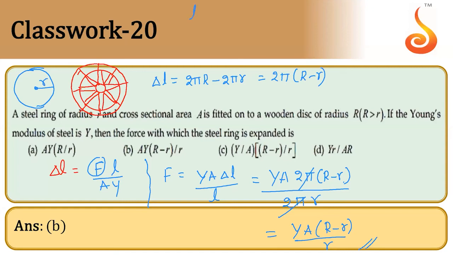What is the initial length of the iron ring? 2 pi r. Now, if I want to put this iron ring on the top of this wooden wheel, can you place it directly without heating it? This radius is capital R, and they said capital R is greater than small r.